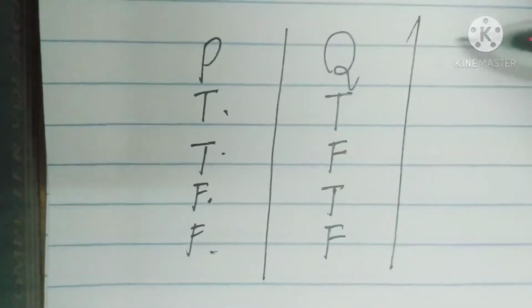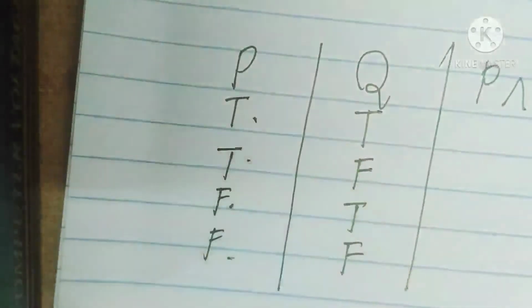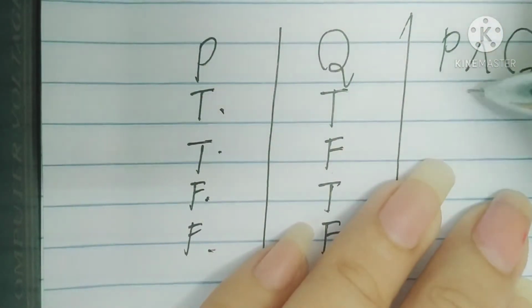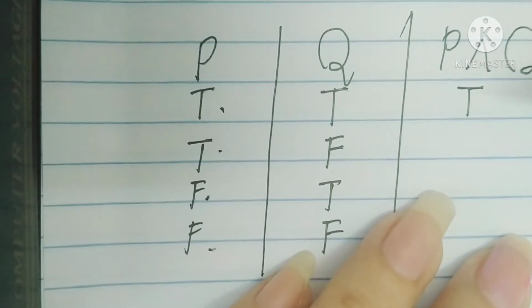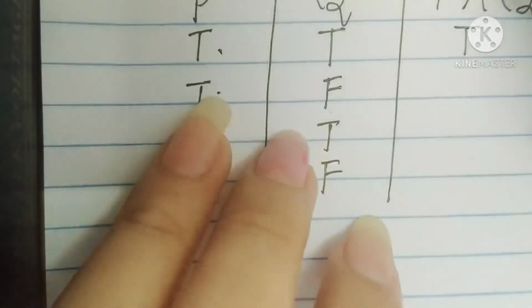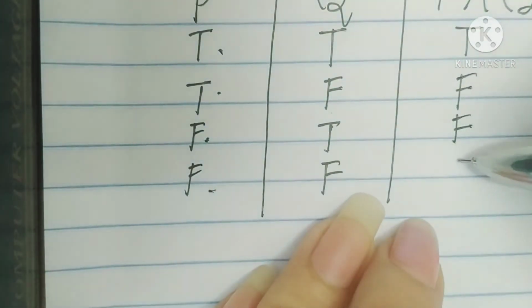So if P and Q, true and true, that will make the statement true. Remember the condition for the conjunction. It will only become true if and only if both of the statements, or conjuncts, are true. So if true and false, it's false, false and true, it's false, false and false, that's still false.